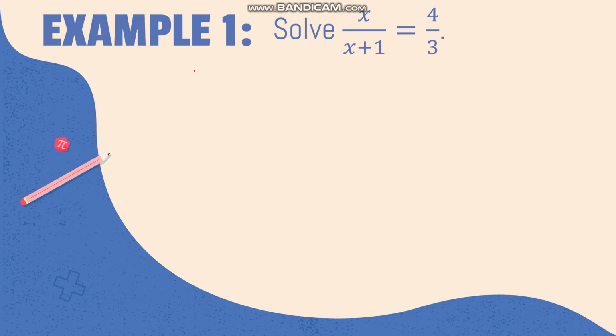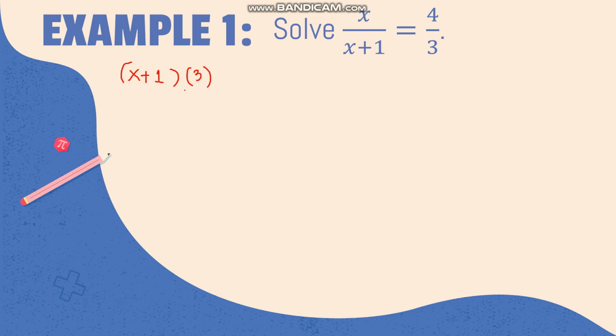So we have x over x plus 1 equals 4/3. Now, since there are fractions, we have to get the LCD, or the least common denominator. In doing that, you have to identify the factors of the denominators. For the first one, we have x plus 1, and for the second we have 3.